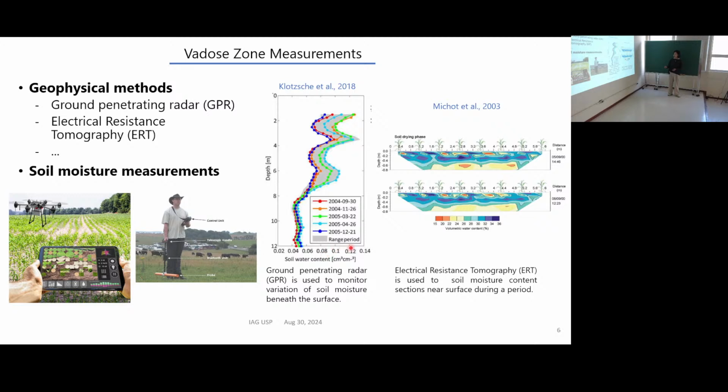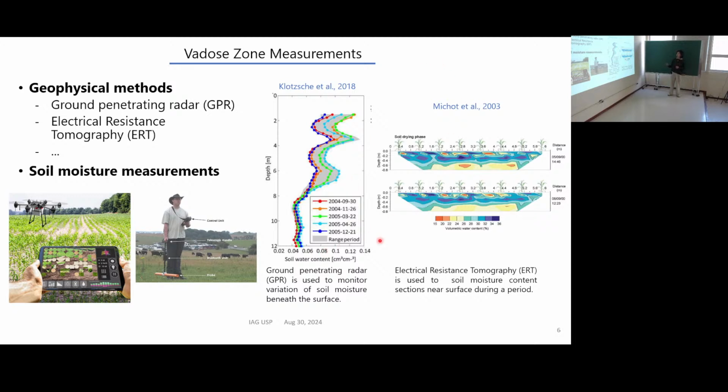This one uses GPR to monitor the soil moisture variation across different seasons. You can see the depth here, the top 12 meters, and the volumetric water content distribution, and you can see this is quite sensitive. Even when the moisture is below 10% in terms of volumetric content, we are still able to use the GPR data to infer that.